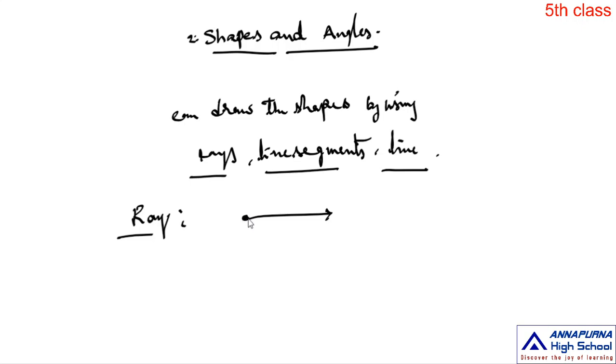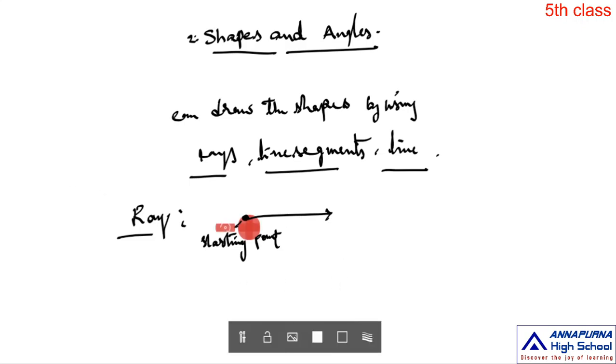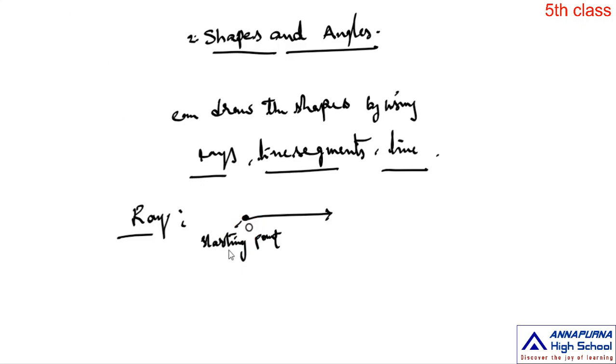This is the endpoint and this is called the starting point also. Suppose if it is O, starting point is O. O, A. So here OA is the ray. O is the starting point.